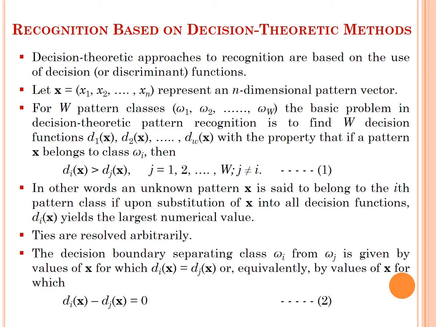In other words, an unknown pattern x is said to belong to the ith pattern class if upon substitution of x into all decision functions, di(x) yields the largest numerical value. Ties are resolved arbitrarily. The decision boundary separating class wi from wj is given by values of x for which di(x) is equal to dj(x), or equivalently by values of x for which di(x) minus dj(x) is equal to 0.